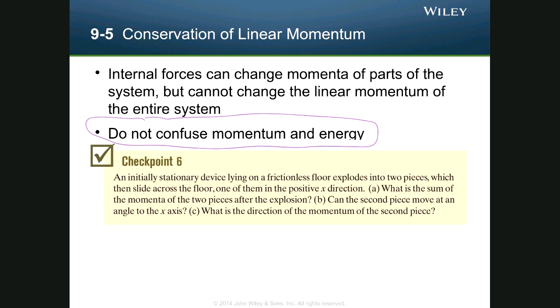Okay, so hopefully if you had a hard time starting with part A, remember that when we talk about the system, it's really just important to look at the words. We have a device, that's going to be our system. It's lying stationary on a frictionless floor and explodes into two pieces.